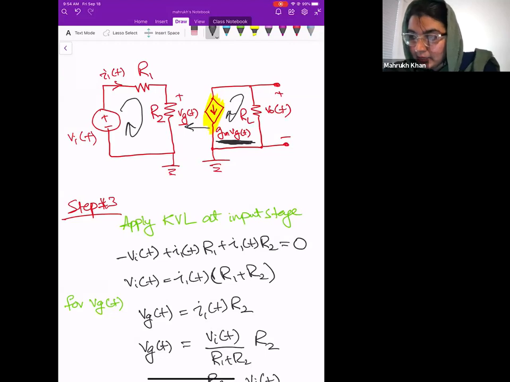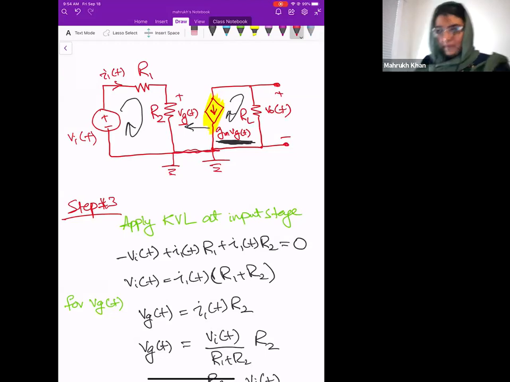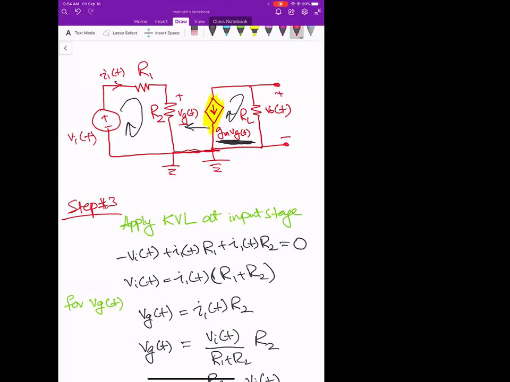But for now, for less complexity, we just assume that this is a dependent voltage, but in real, it's actually taking its power from somewhere else, okay? Okay, thank you.